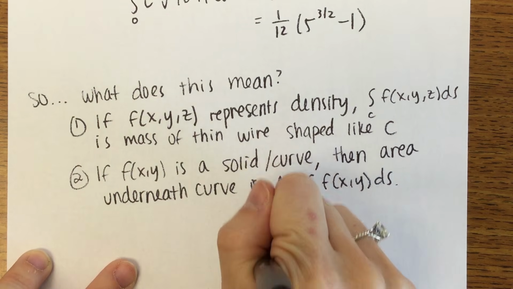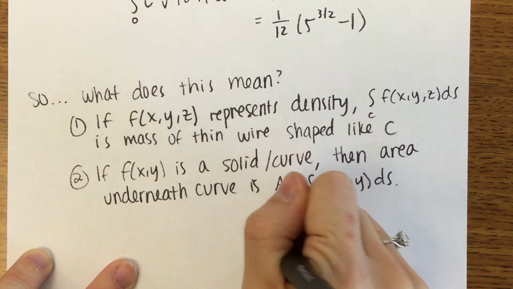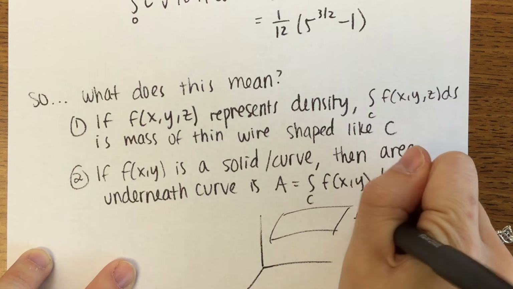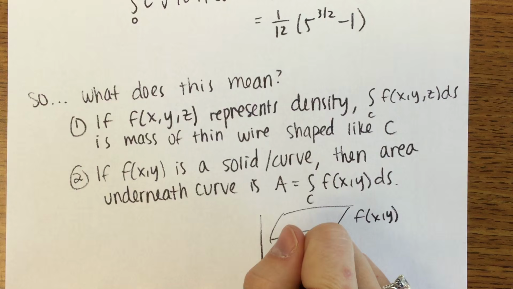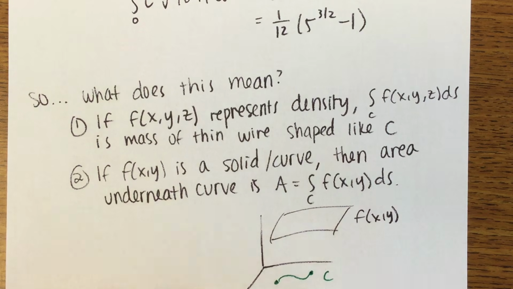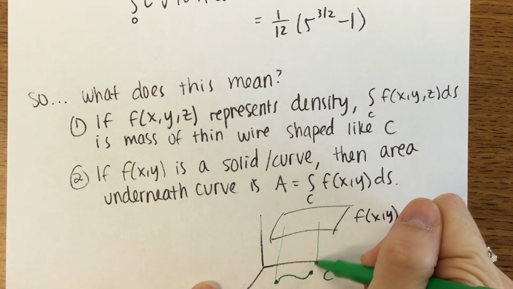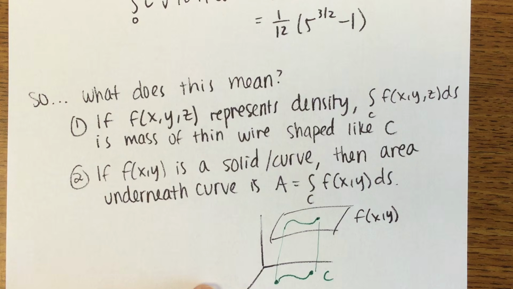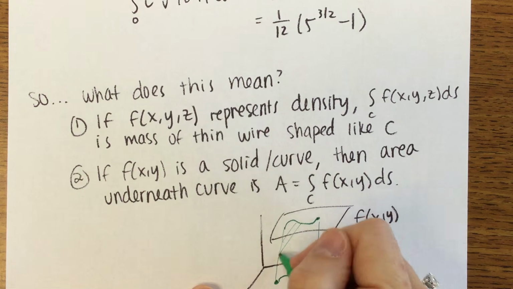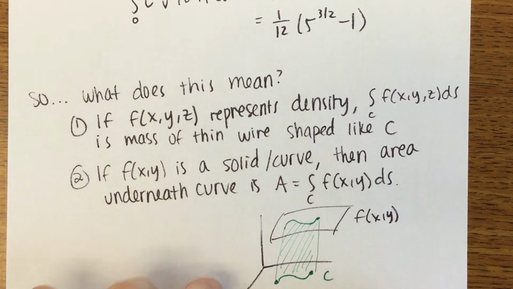So here's what I mean by that. Let's say that f of x, y represents a plane, maybe. If we have some curve C that's in the xy plane, and we map that curve up onto the solid, this line integral is going to calculate this area.